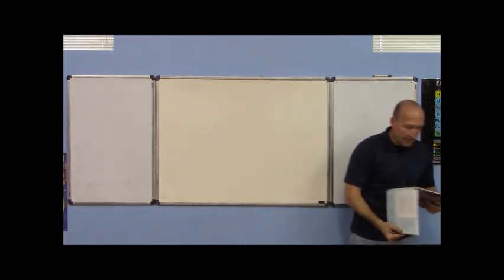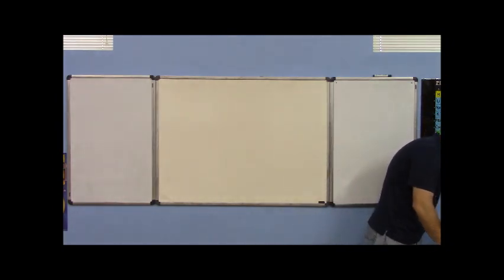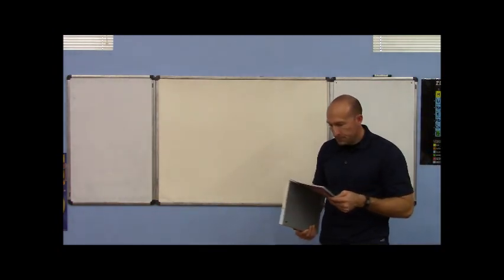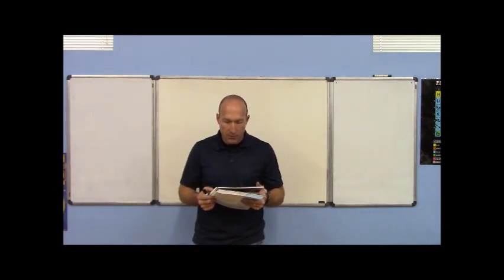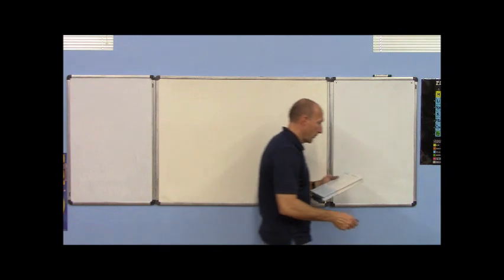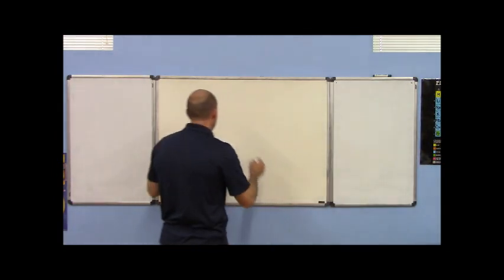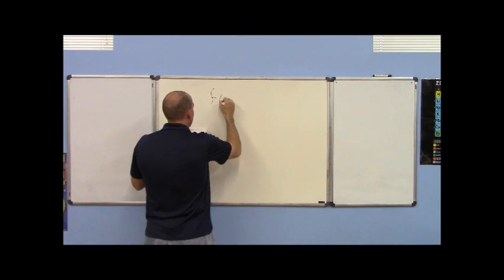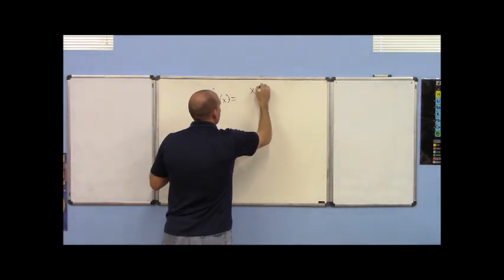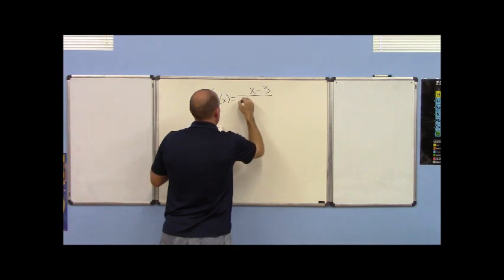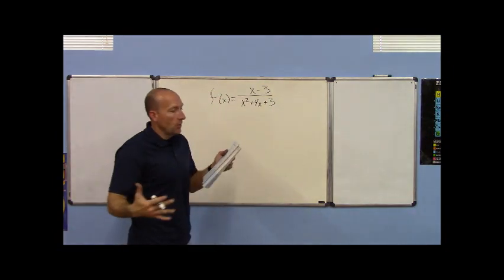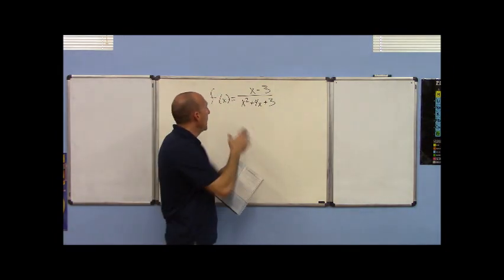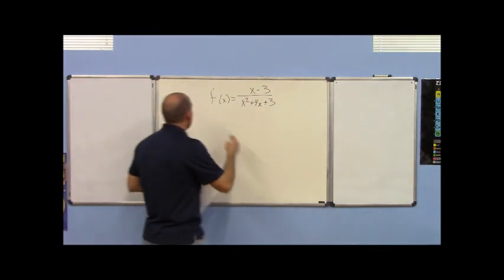So, let's look at example number 1. It says the function of x equals x minus 3 over x squared plus 4x plus 3. In this situation, we are told the values of x because we are given a list.